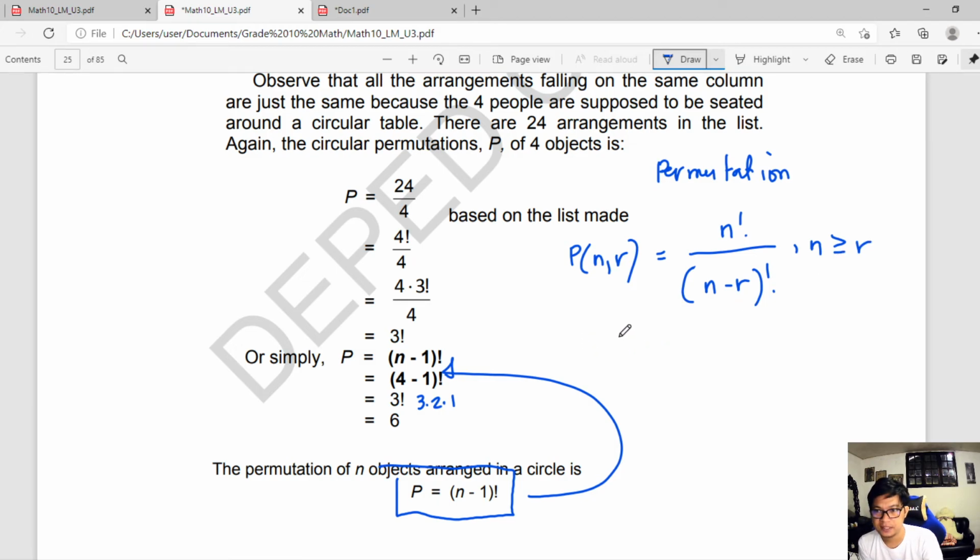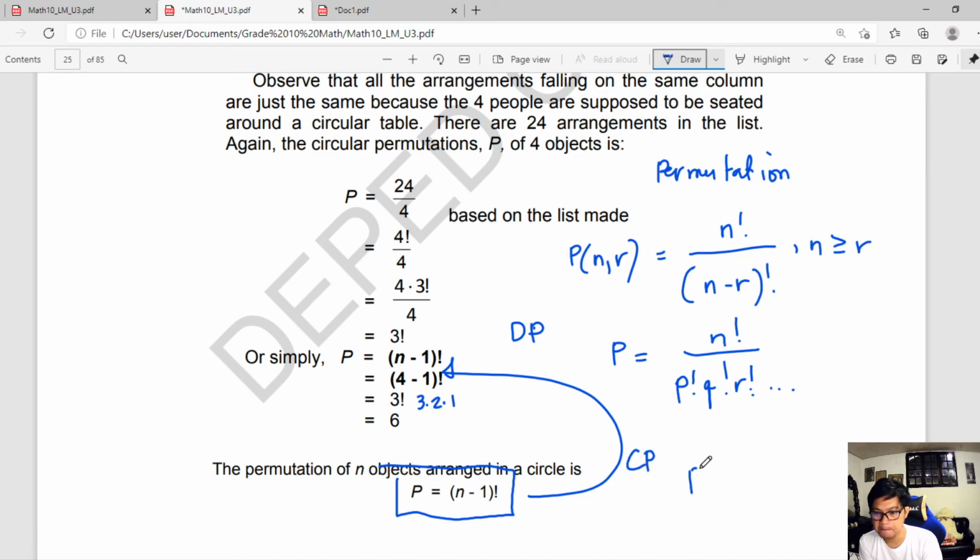Tapos, meron tayong tinatawag na distinguishable permutation naman, which is P is equal to n factorial over p factorial, q factorial, r factorial, and so on and so forth. So we have the last one, the circular permutation.